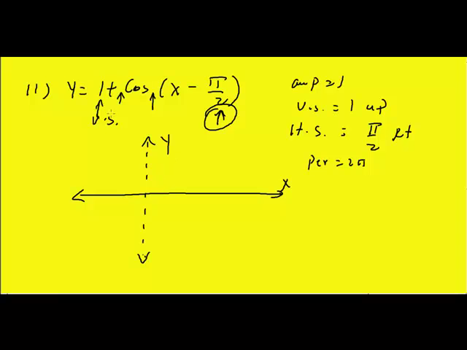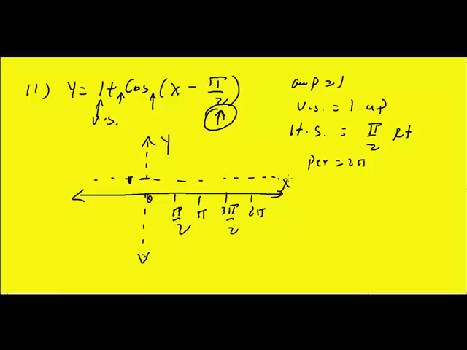I have a vertical shift of 1, so I'm going to go up here, call that 1, and draw a new horizontal. The reason I drew a dotted line for the y-axis is because I'm going to erase that pretty soon. Okay, once you have this, you're going to go to 0 to 2 pi, so we'll call that 0, call that 2 pi, the middle is pi, and the middle of that is pi over 2, and the middle of that is 3 pi over 2.